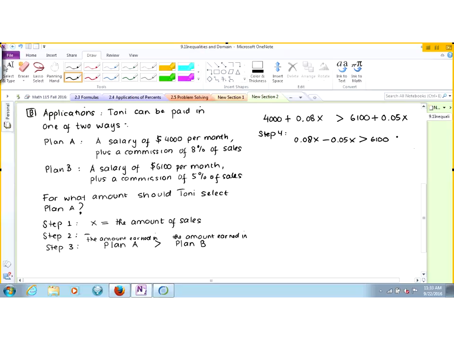What do I do with my 4,000? When you bring to the other side, minus? Yes. Okay. So this is 0.03x is greater than 2,100. Divide by 0.03. Okay, what's that? Okay.